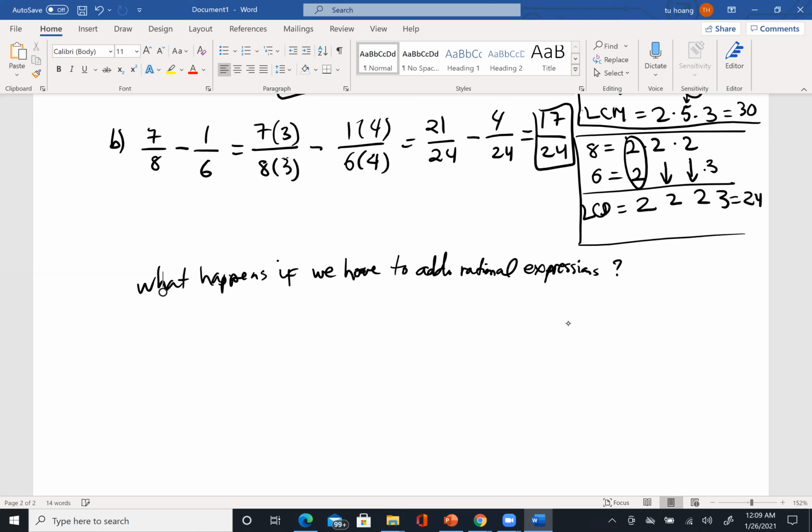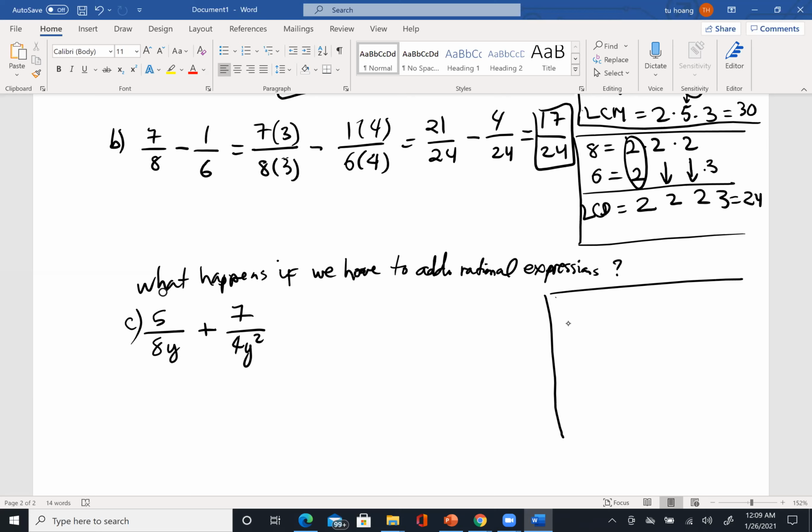Right. So let's do it. If I have 5 over 8y plus 7 over 4y squared, right? Let me also use the listing method over here.